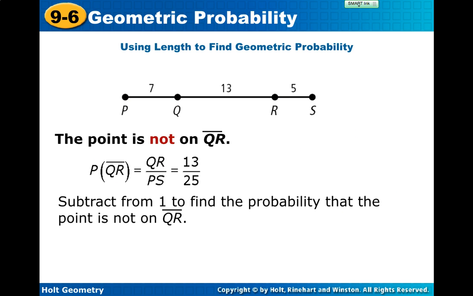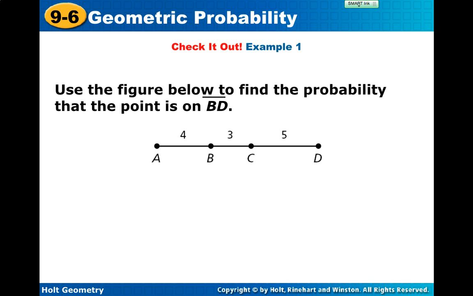How about the probability that a point is on BD? I want you to grab your marker board so that I can see that your brain is registering correctly. The point is on segment BD.